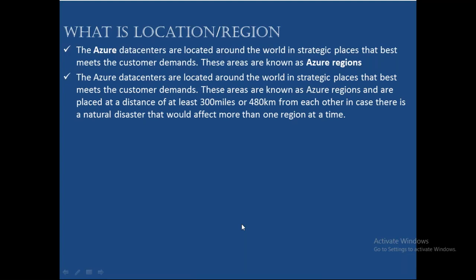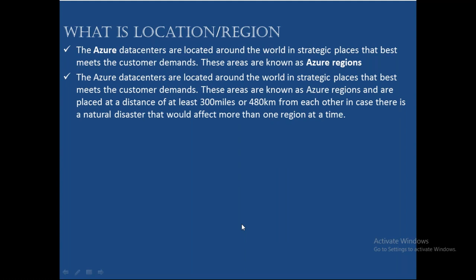If I'm not maintaining this much distance, what happens if I keep two data centers within Hyderabad? Recently we have seen floods in Hyderabad. What happens is both data centers will be destroyed. Two data centers will not be available for your usage. So it will lead to business loss.